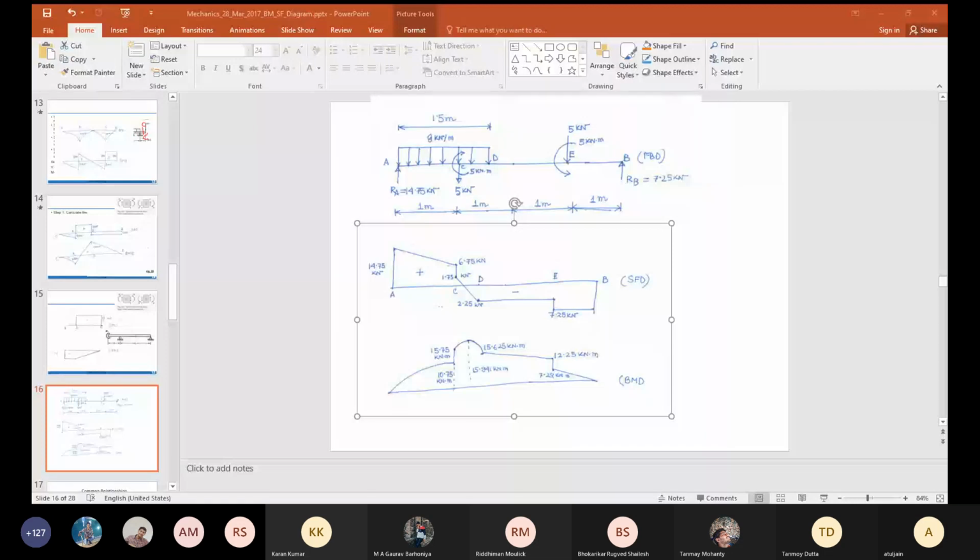So I'm getting the same answer, sir. Okay, let us, for the benefit of everybody, let me try to solve this. So at this length, M will be equal to what?